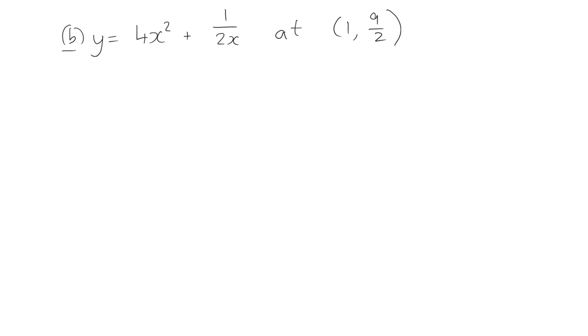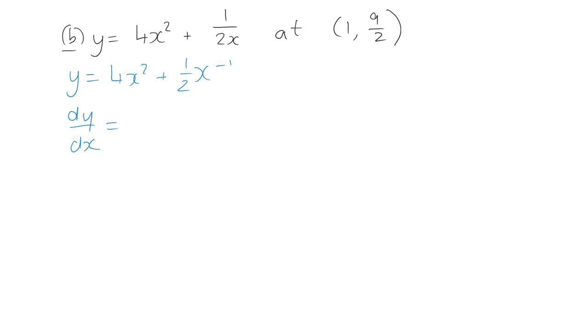Part B, y equals 4x squared plus 1 over 2x, and the point this time is 1, 9 over 2. So first thing we're going to do is rewrite our y to make it easier to differentiate. Okay, so by bringing the x up it becomes x to the minus 1, remember the 2 stays where it is.